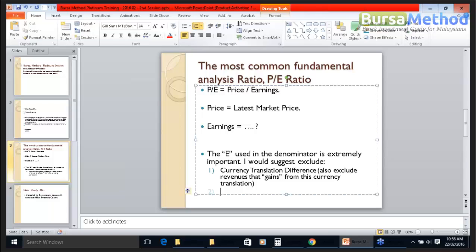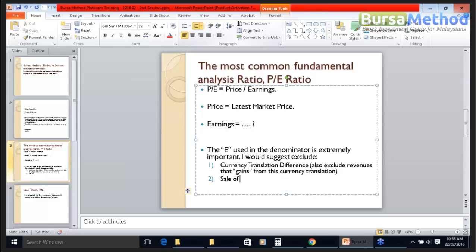Right. Then another one is sale of assets, or gain from sale of assets or subsidiaries. If a public company sells off its subsidiaries or a portion of its subsidiaries and gains from this, these are also one-off earnings.